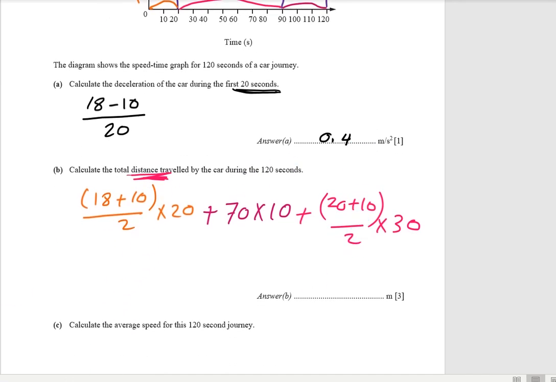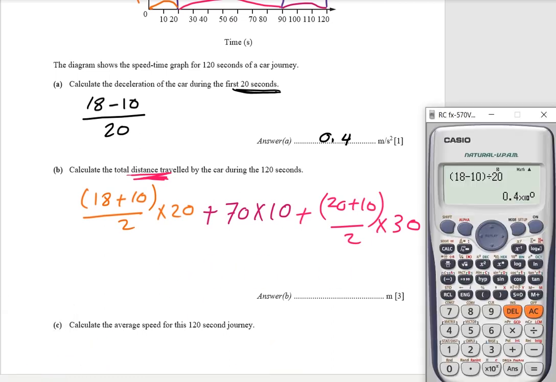Let us go ahead and find the answer from the calculator. So the first one is 18 plus 10, divided by 2, multiplied by 20, plus the second area, 70 multiplied by 10, which is a rectangle, plus the third area, which is (20 plus 10) divided by 2 multiplied by 30.